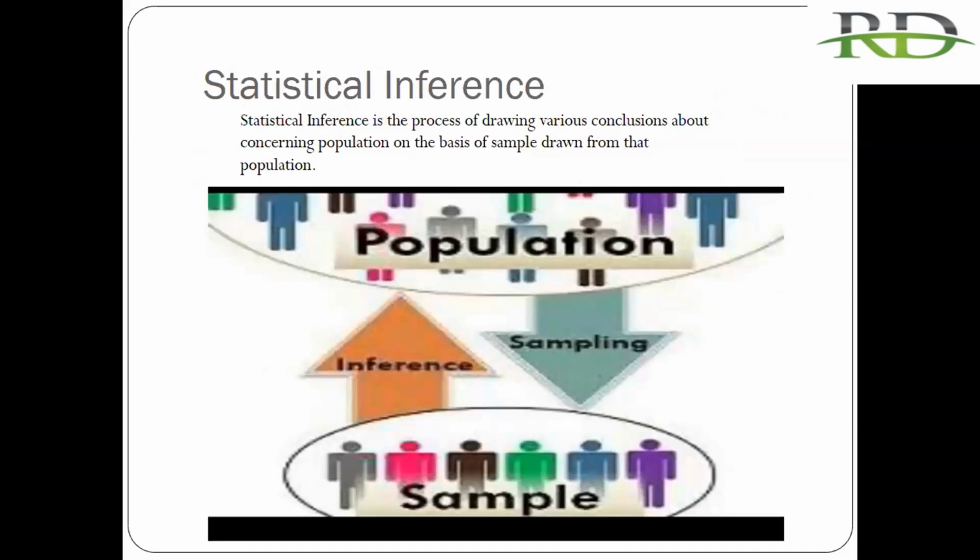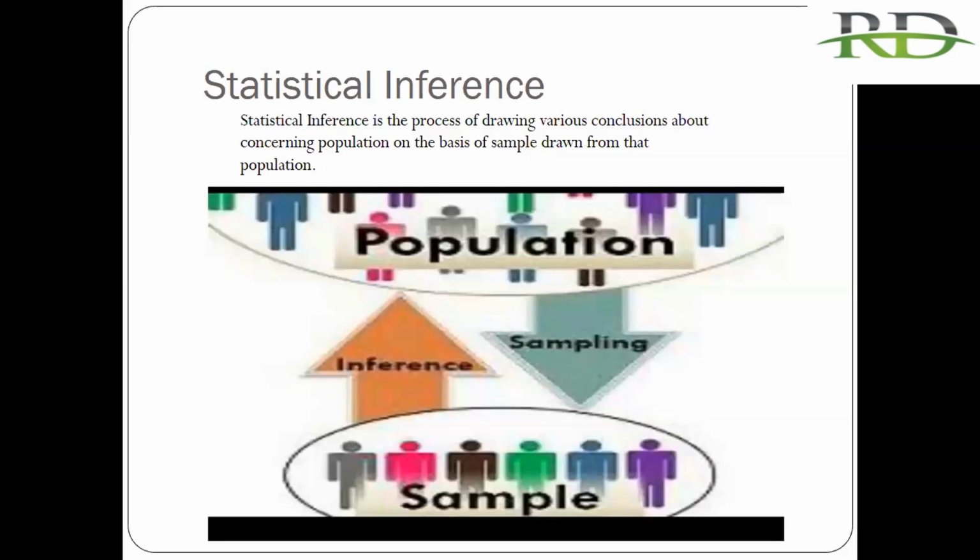That is called the population. This is unknown to us, or known to us. Suppose it is known from previous research that the average height of adolescent girls is 150 centimeters. Now you have to verify this statement on the basis of your present data.